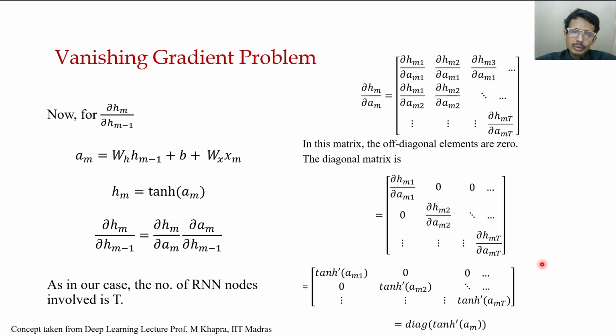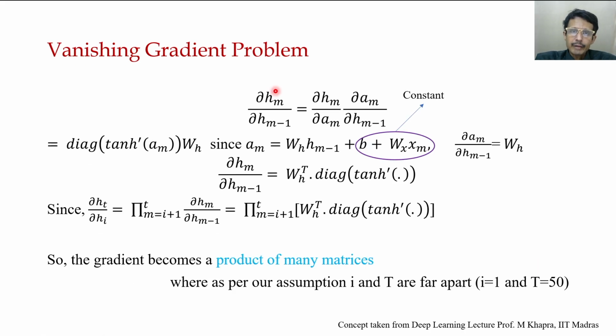Okay. So with this mathematical formulation we find del of hm by del of hm minus 1 is equal to del of hm by del of am times del of am by del of hm minus 1. Now what is this del of am by del of hm minus 1? It is Wh. Where is it coming from?